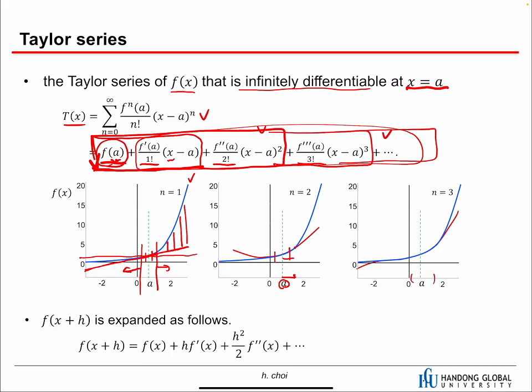So when the function is really complicated, we're going to use Taylor series, especially focusing on the first couple of terms. Many times we are going to use the first two or three terms. That is the important thing. In engineering, when the problem is really complicated, we approximate the problem with some assumptions, right?